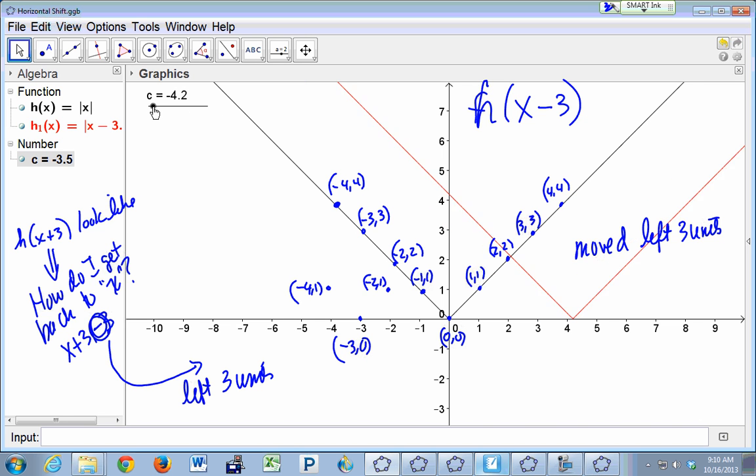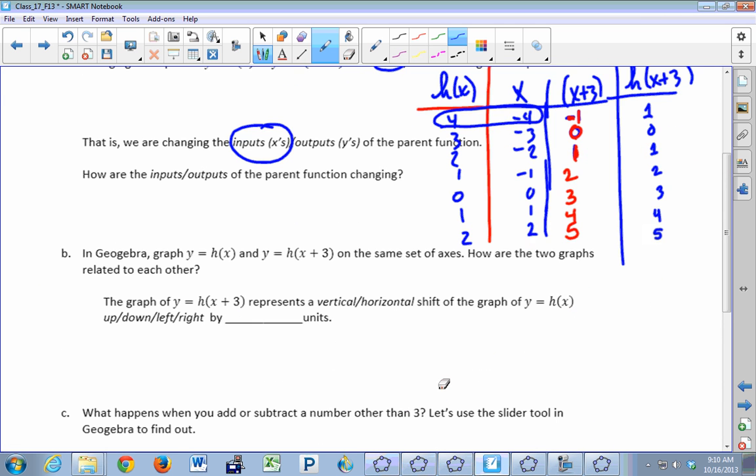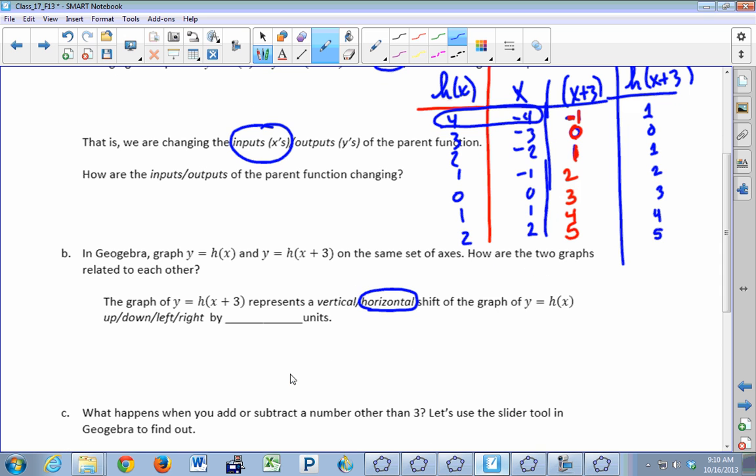It's totally counterintuitive. Anytime you act on the inside of a function, it's opposite of what you think. So that's what you have to remember. Let's go down and fill this in. The graph of h of x plus 3 represents a horizontal shift, because you're working inside your function. How are the inputs of the parent function changing?